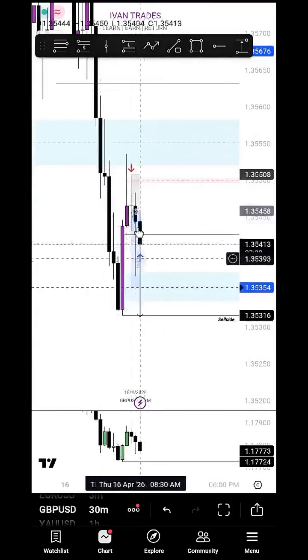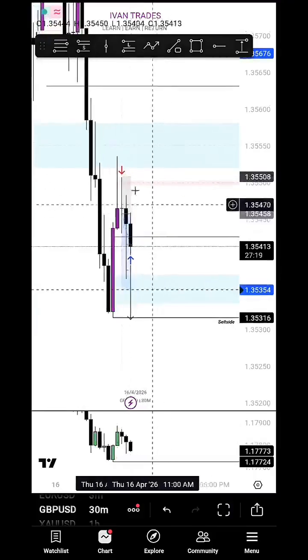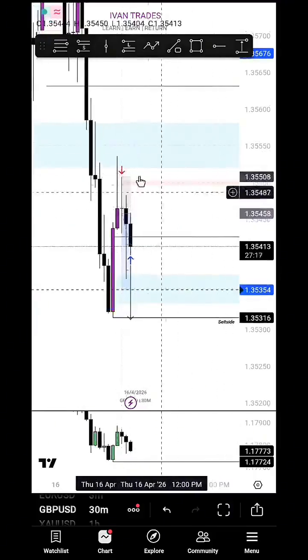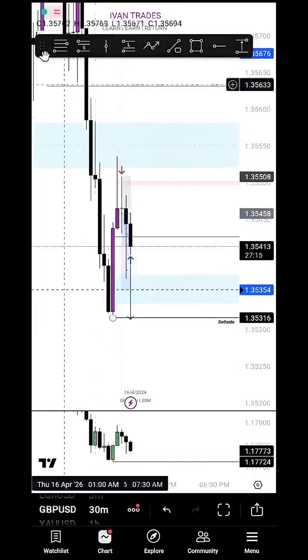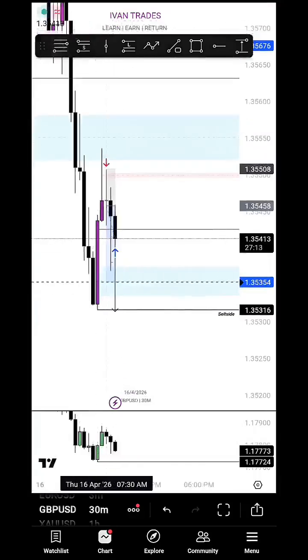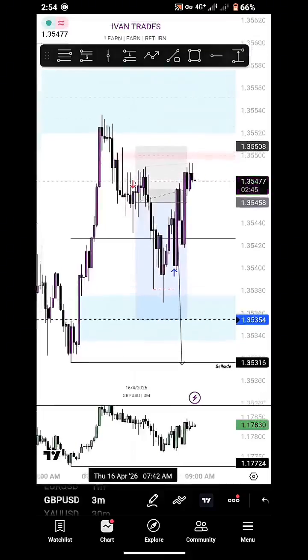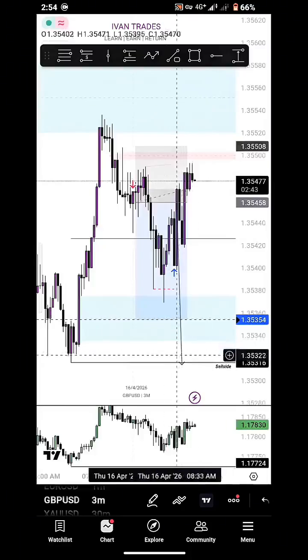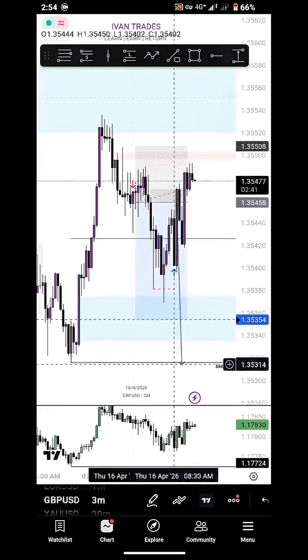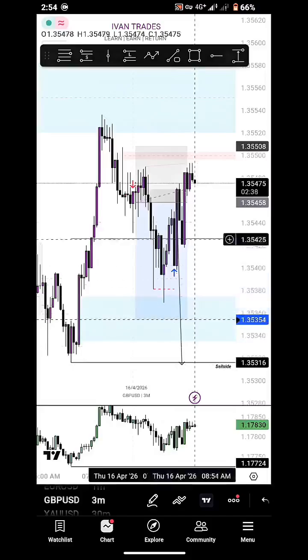The other setup which could come will have opportunity, because if I was going to look for a long setup, back above today's actual high.